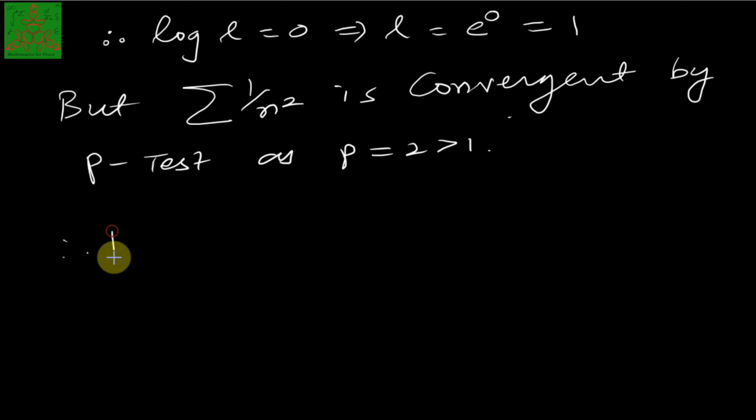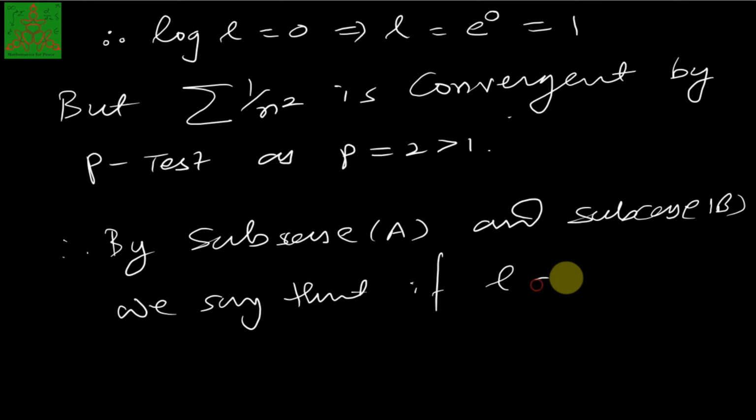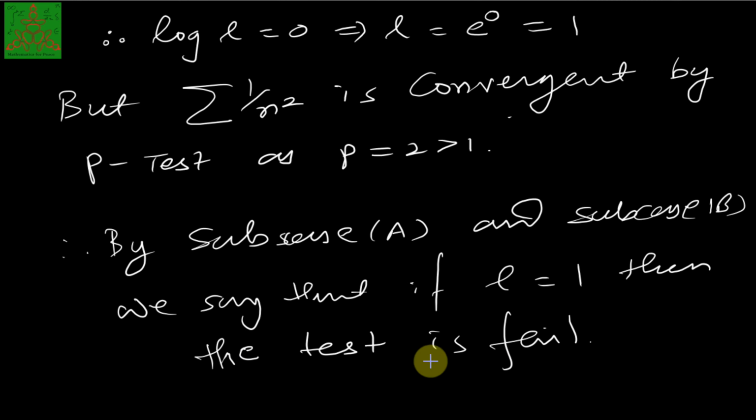Therefore by subcase A and subcase B, the value of L is 1, but one series is divergent and the other is convergent. So we can say that if L is equal to 1, then the test fails. That means we cannot predict what the output will be.